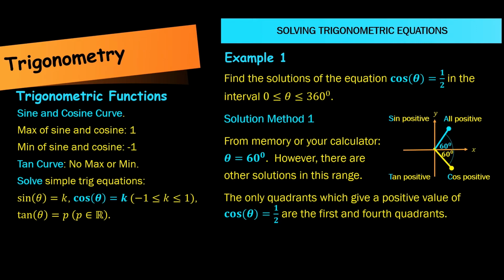So we have another solution as shown. Therefore, theta equals 300 degrees, or 360 degrees minus 60 degrees, is another solution, as shown.